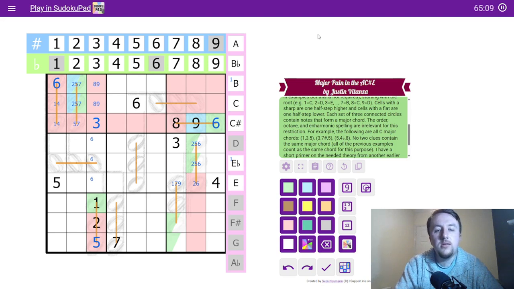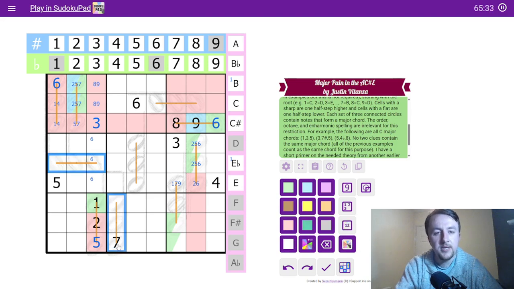That's good, because now our only other all natural chord is C major, which requires a 3 and a 5 and either 1 or 8. So it can't be here. Can't be here. So yeah, we need a modifier on here.